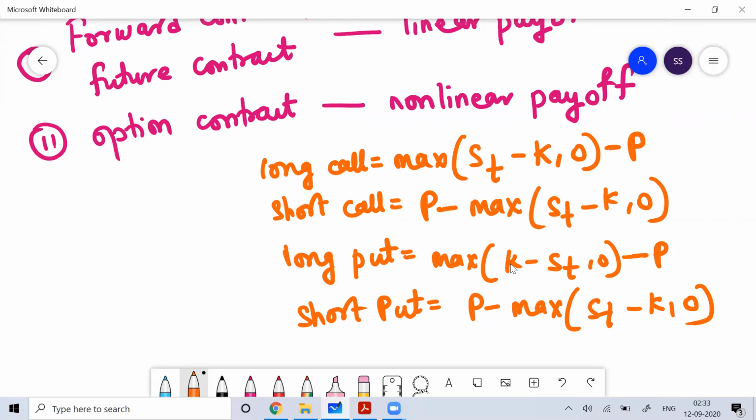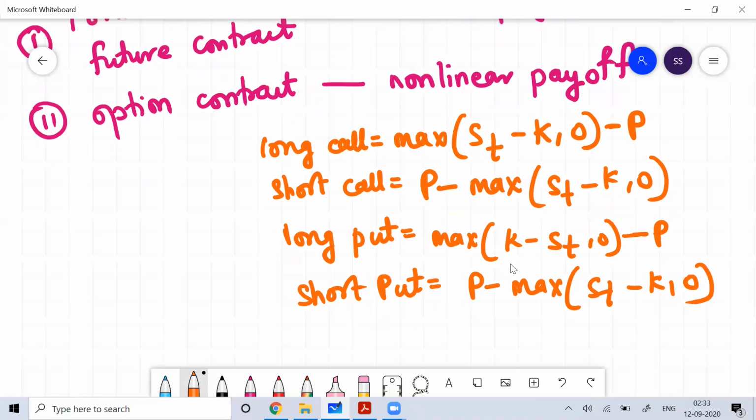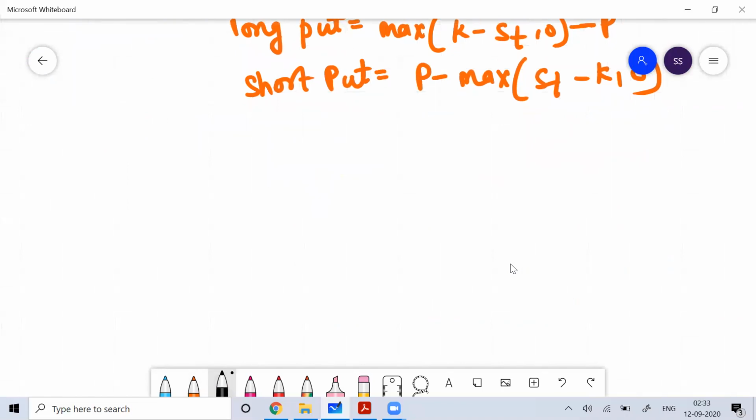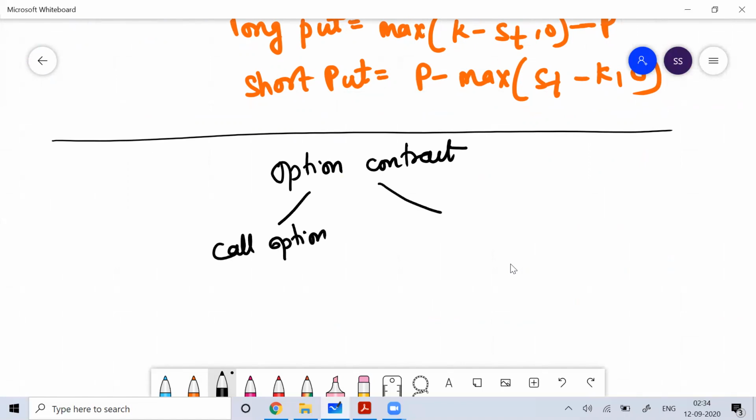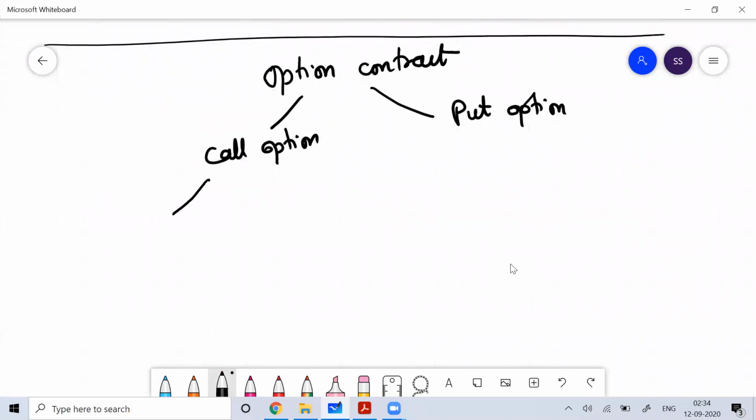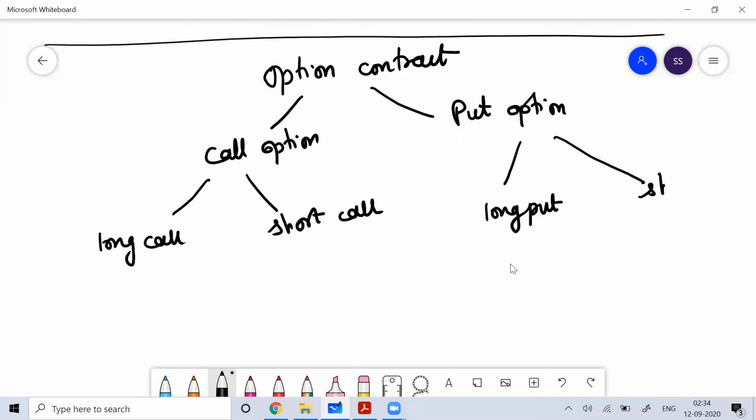These plain vanilla option contracts can be either a call option or a put option. Under a call option, there can be a long call or a short call. Similarly, under a put option, there can be a long put position or a short put position.